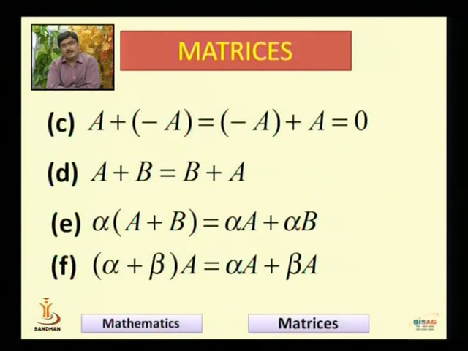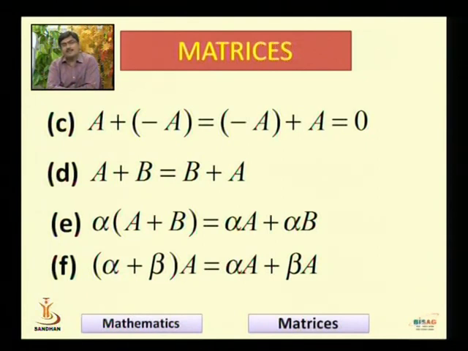Okay. Then we have also just now seen what is negative of a matrix, that is given a matrix how to define minus A. Then it is a simple calculation which gives us that addition of A and minus A and minus A and A is going to give you the 0 matrix. Now, which 0 matrix? So, it is dependent upon what is the size of matrix A. If A is a matrix of size m by n, then 0 is a matrix of size m by n.